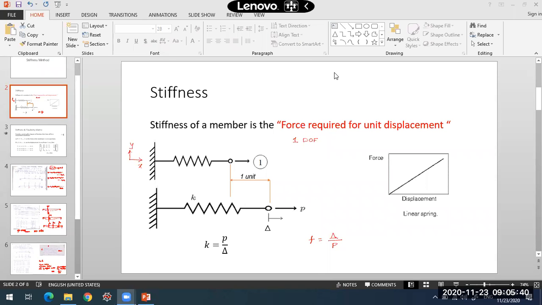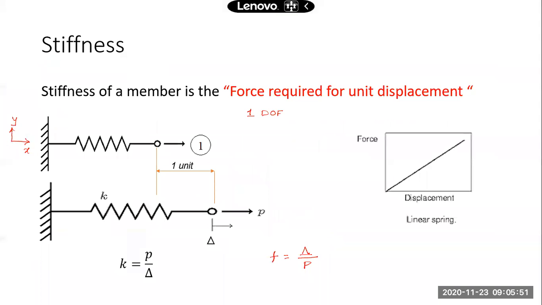So the two methods are the force based method and the displacement based method. The flexibility method is a force based method, whereas the stiffness method is the displacement based method.